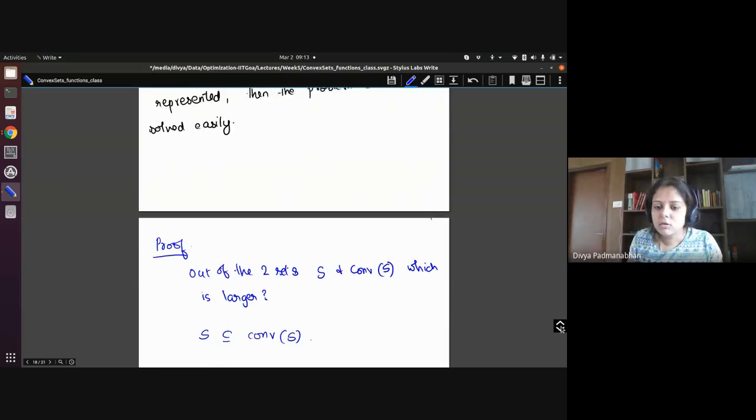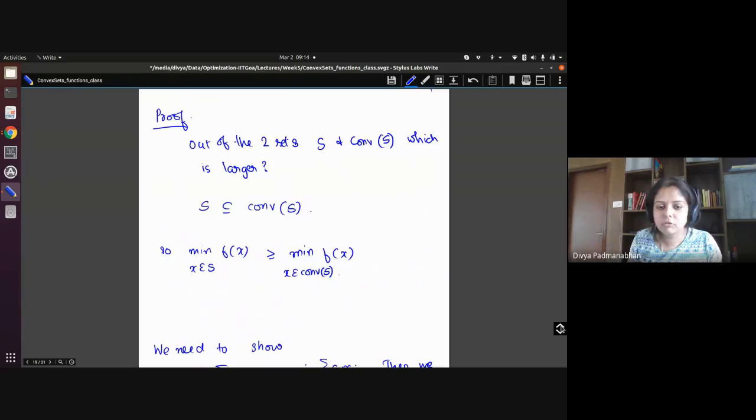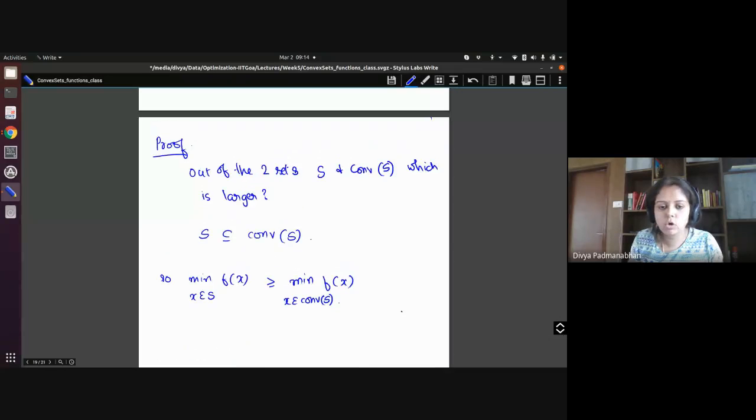Now if you're trying to minimize a function f of x over the set S versus the convex hull, the convex hull has more points. So you will at least get the objective from S when you minimize over the convex hull, but with these additional points there's a hope of getting an even lesser value, since you're doing a minimization.